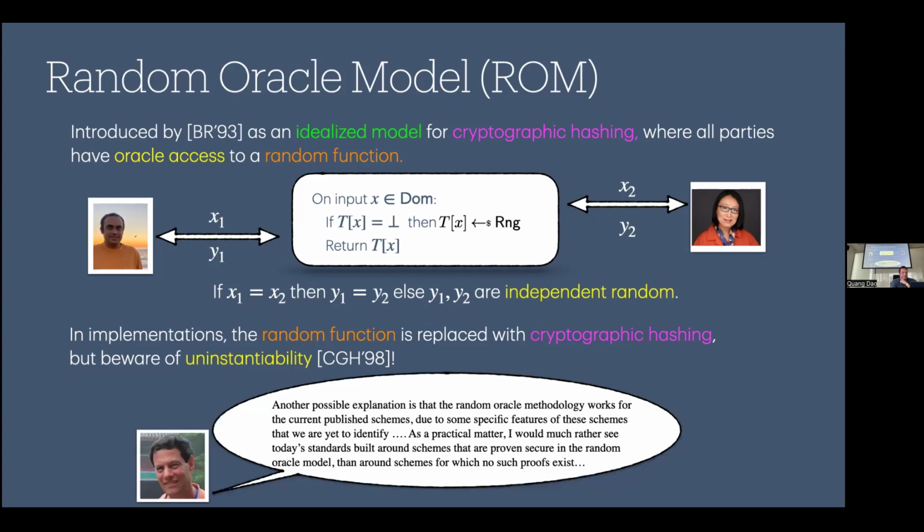The paper that showed this, CGH, was an interesting result, and they wrote three separate conclusions for the paper, one for each of the authors, to give their take on the results. So here's Shai's take on his result.